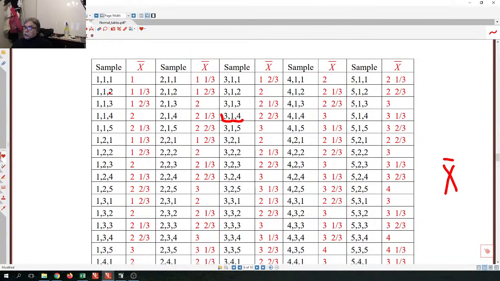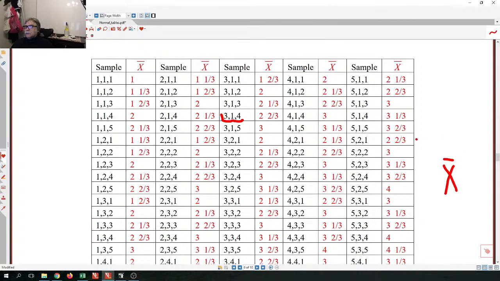You can get 1, 1, 2. You can also get 2, 1, 1. And you can get 1, 2, 1. In all 3 cases, the average is going to be 1 1/3. And so on. There are lots of different things you can get, but you can get any average between 1 and 5. And 5 you can get, of course, as 5, 5, 5.